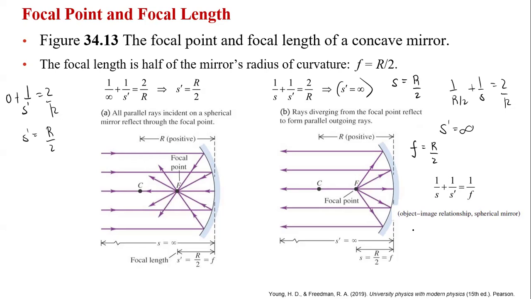Then we can write the object-image relationship for a spherical mirror as 1 over s plus 1 over s prime equals 2 over r, which is equal to 1 over f. This is the focal length, which is located half of the mirror's radius of curvature.